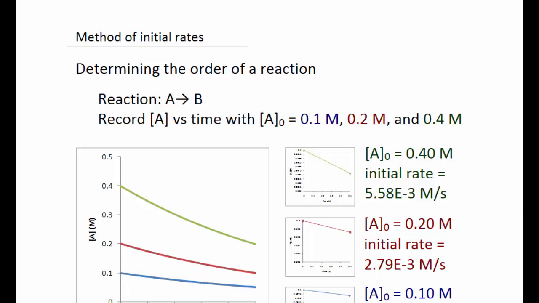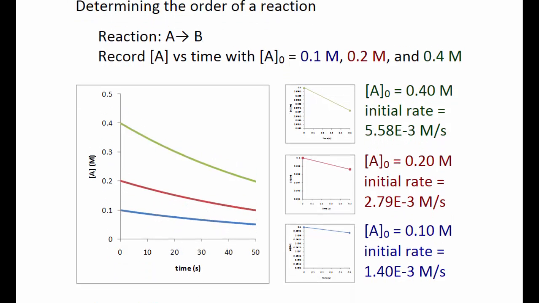So again, with our simple A becoming B reaction, all we have to do is record concentration of A versus time. Okay? So some kind of concentration sensor. If it's something that's colored, we can use a colorimeter like we're doing in lab today. Or you can have other sensors, or it can be directly measured or titrated or whatever. But we need to record concentration versus time, with A0.